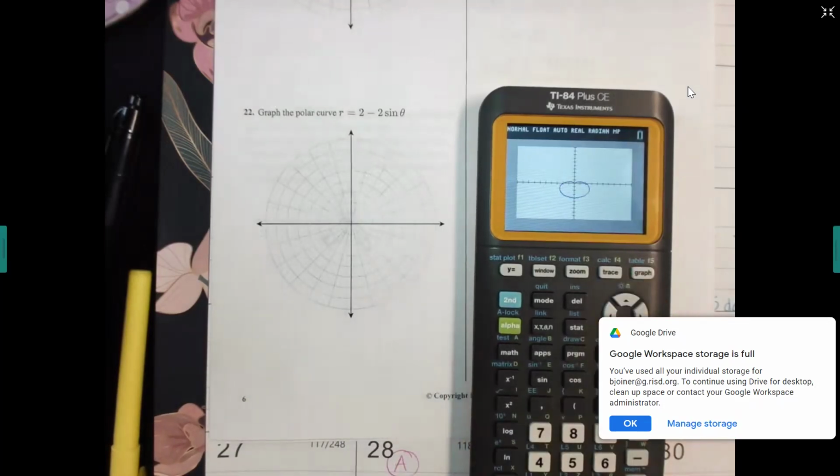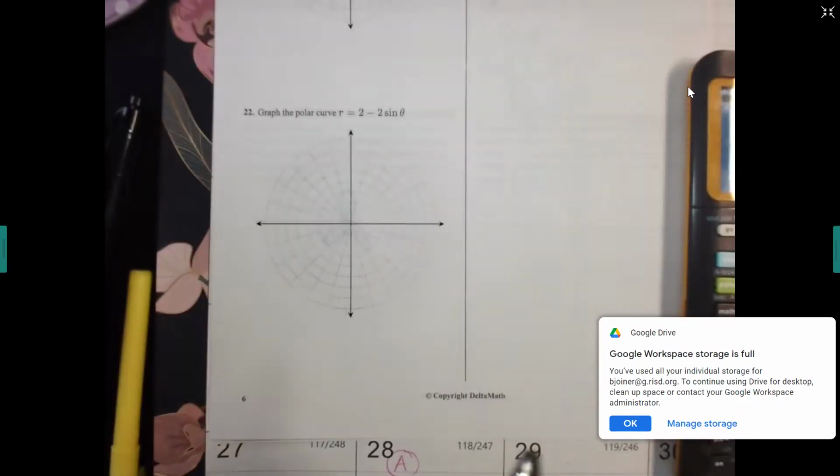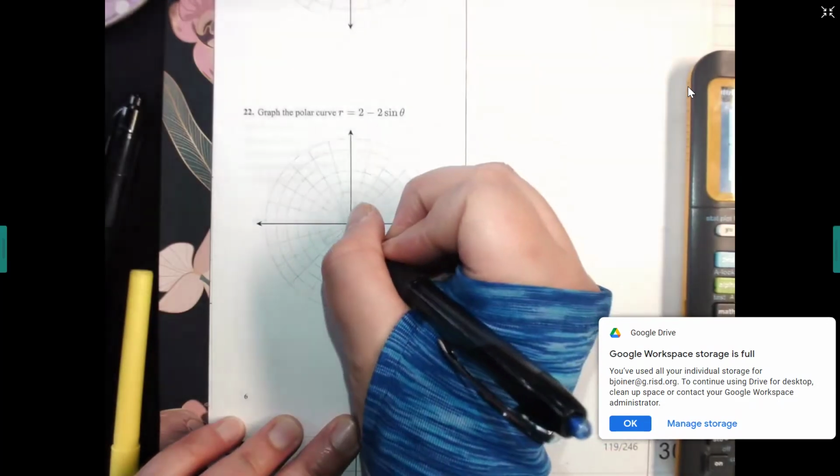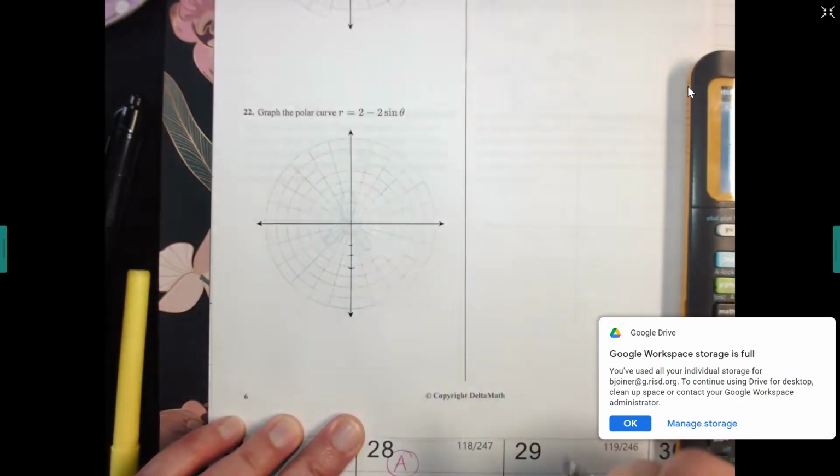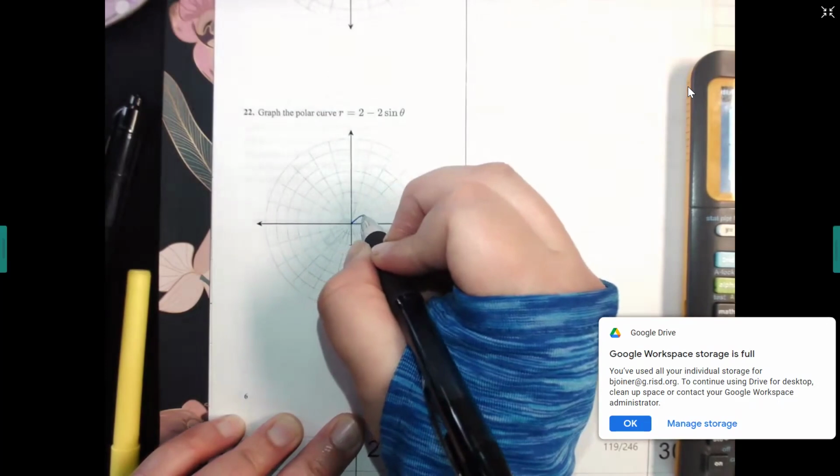Okay, we can see we have the lily pad shape. How far down does it reach? How many units? 4. So then you just want to make sure that when you do your lily pad that it reaches down. Okay, and remember, when you stretch it on Delta Math, it should fix the rest of the graph for you. So 1, 2, 3, 4. And then just kind of do your best.